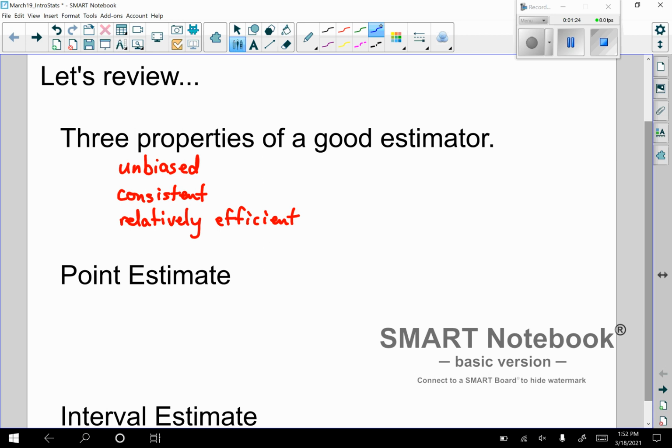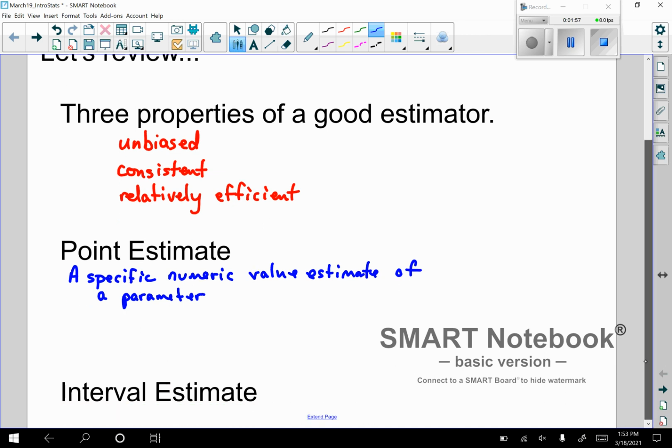A point is a specific value that will estimate a parameter. And the interval estimate is just giving us an interval or range of values used to estimate a parameter.